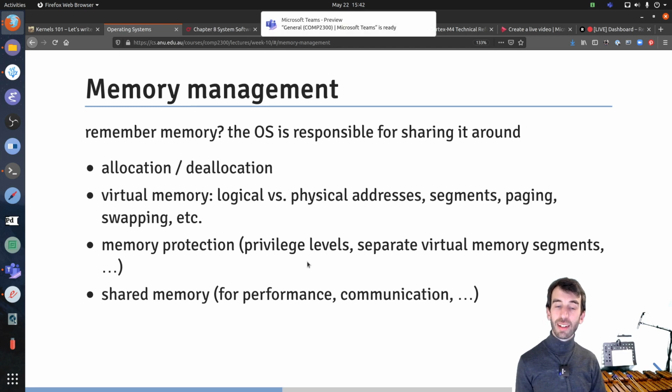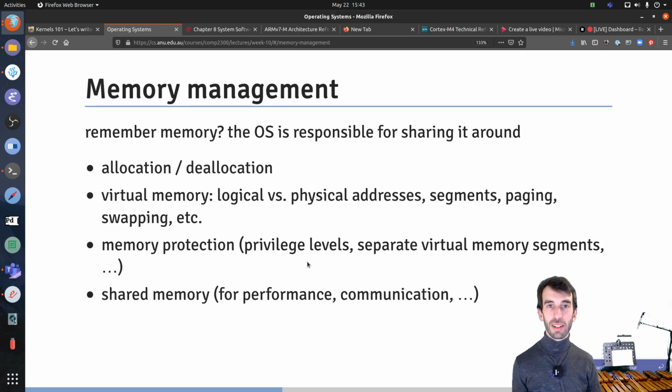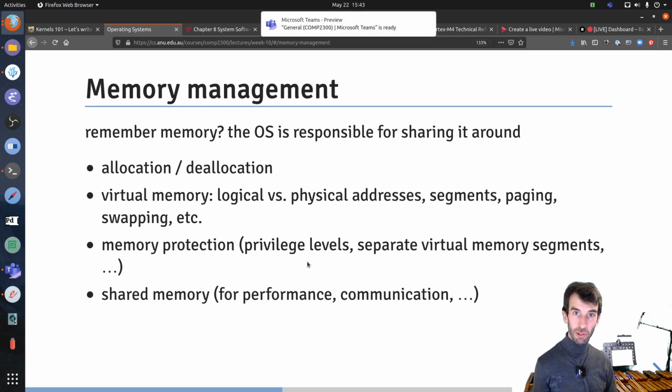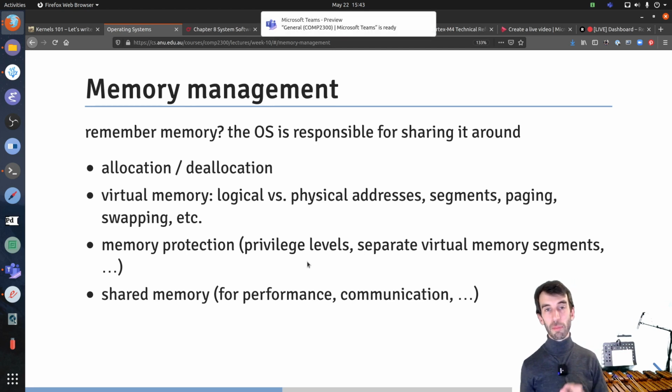Even then, processors generally are subject to some kind of memory protection. So even if they're in virtual memory segments, the computer makes it impossible for them to overwrite another program's memory or in fact read it.